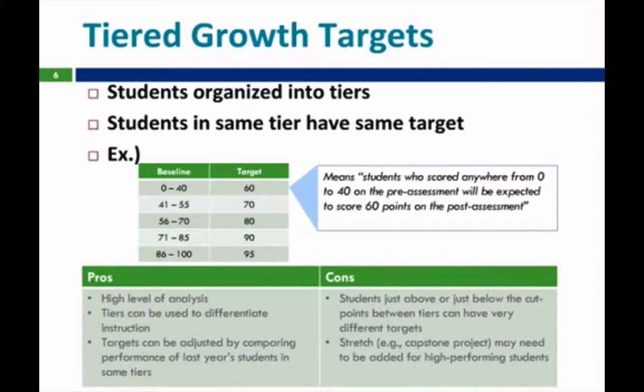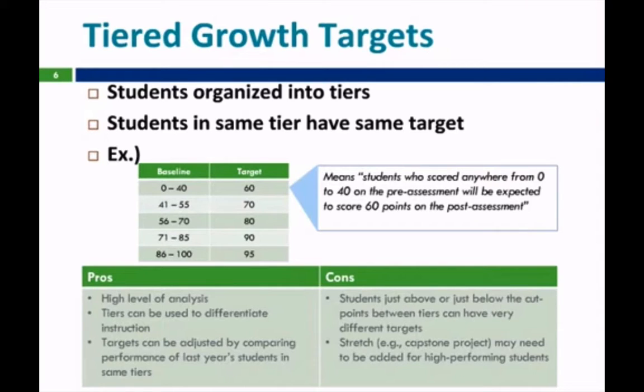You could say, well, actually, I think I did a really great job teaching, and even still, most of my students didn't reach that target of 60 points on the post-assessment. So maybe that's good information that you could use to set a slightly lower target. Maybe 50 is a more reasonable target in that case. So that's an advantage.